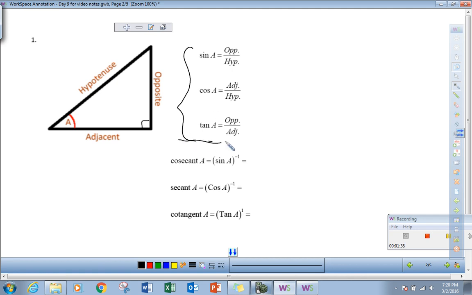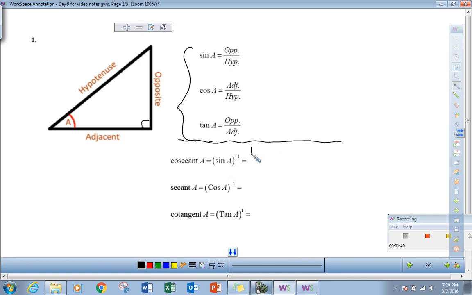But there exist three others. These are the reciprocals of the sine, the cosine, and tangent. So let me define for you first off here. I need to define for you the cosecant. The cosecant is the reciprocal, that's what that negative one stands for, the reciprocal of the sine.